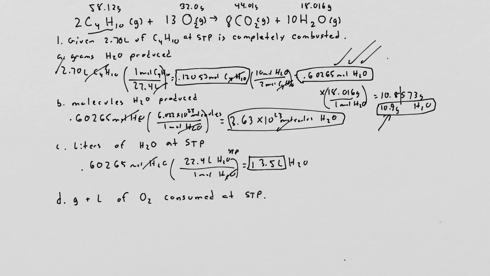So if I had taken 2.70 liters, and if I look at the ratio, for every 2 moles of this stuff, there are 10 moles of the other, so if I multiply by 5 in my calculator, you know what I get? 13.5 liters. And the reason why is because the mole ratio and the volume ratio are exactly the same.